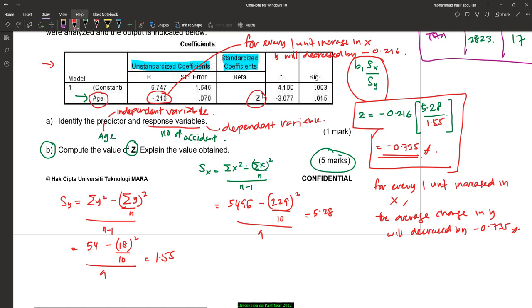So the word is average change. Why decrease? Because the value of z has a negative value, and this one too is a negative value, so that's why they decrease. If it is positive, they increase. So that is how we calculate the standardized coefficient for beta 1.